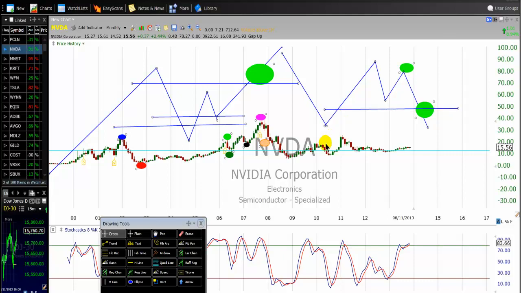But there is something else that can help us to know that there's a high chance that we may have a Gartley pattern at this point in time. How do we know? We will use another trading strategy, which is the zigzag pattern.